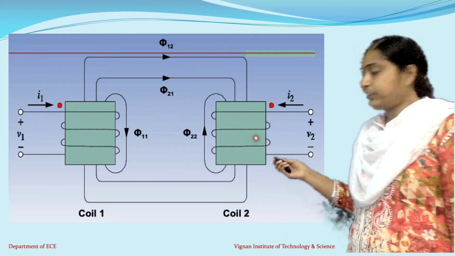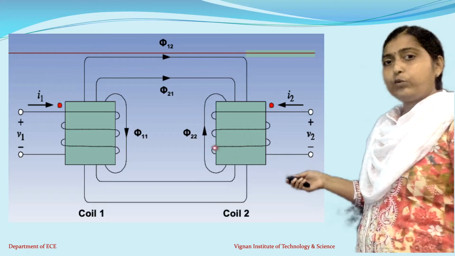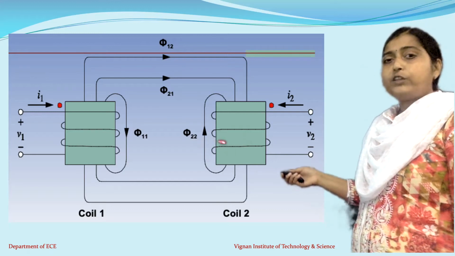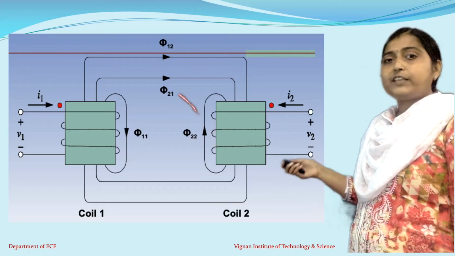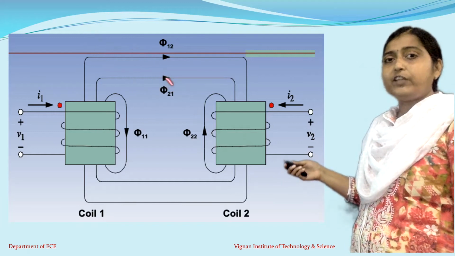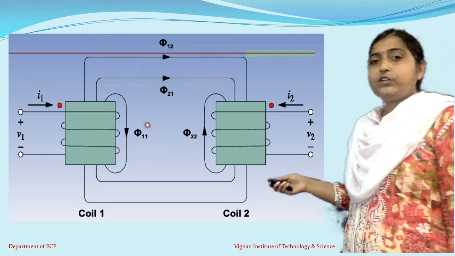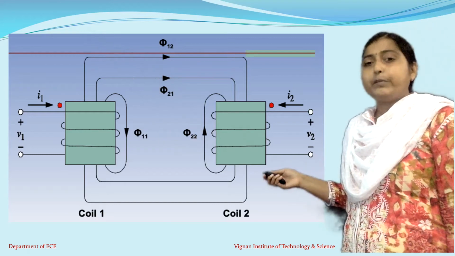Now the flux which is linked with the second coil is represented with phi 2 2. Right? Now because of the second coil, some flux has been introduced in the first coil, which is represented as phi 1 2. So these are the terms which are related with your magnetically coupled circuit.